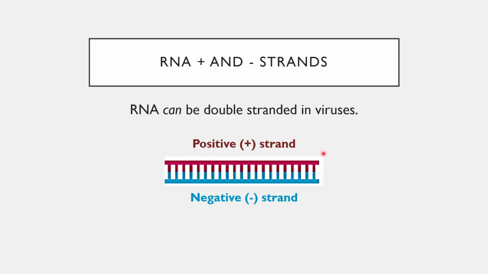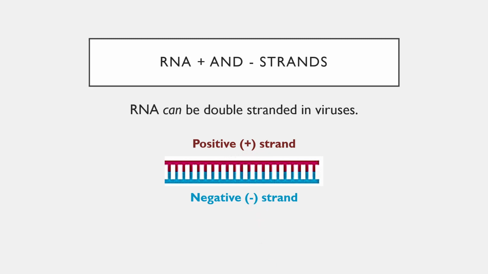And when it is double-stranded, we have a special designation for one strand versus the other in order to keep them straight from each other. The positive strand is designated with a plus, and the negative strand is designated with a minus.